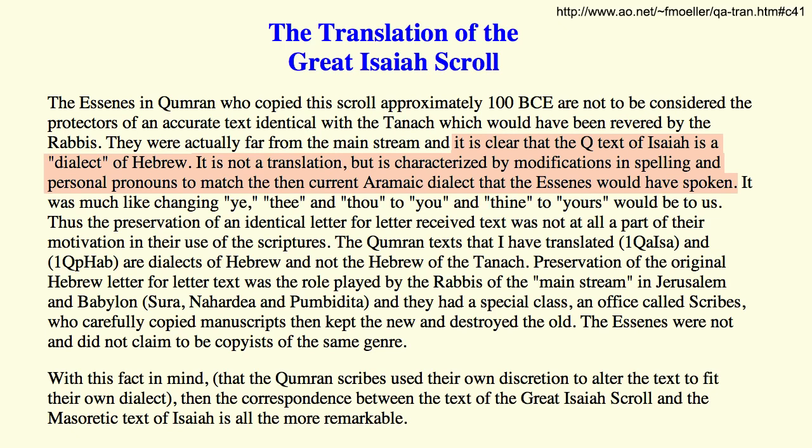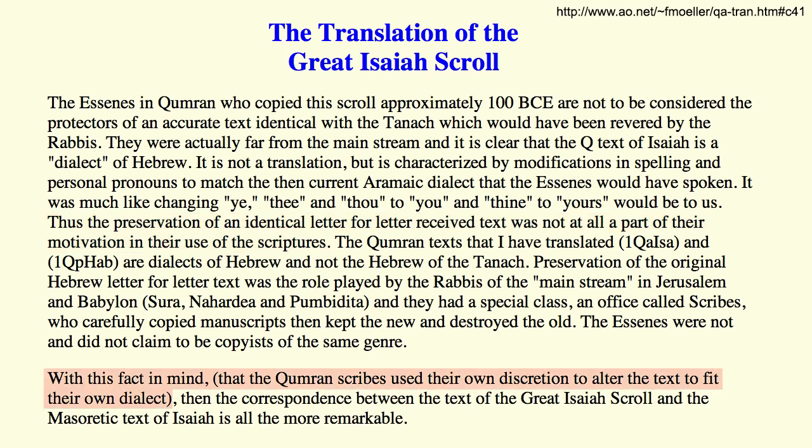It is not a translation, but is characterized by modifications in spelling and personal pronouns to match the then current Aramaic dialect that the Essenes would have spoken. Right here it says, thus, the preservation of an identical letter for letter received text was not at all a part of their motivation in their use of the scriptures.